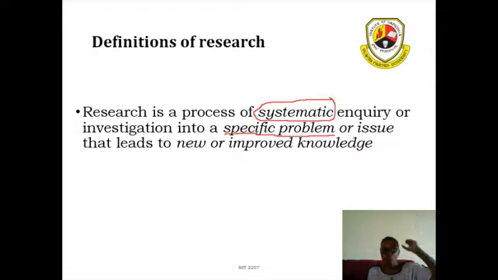And here I want to bring back the words we used in the previous slide, a research problem. So there's a specific problem. And once we get to that, we shall continuously bring it back, that there's a certain specific problem or issue, as the slide states. Now, at the end of it, what do we want to do? We want to bring forward new or improved knowledge. That is what we ultimately want to bring forward, new or improved knowledge.